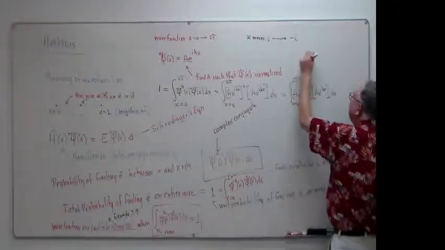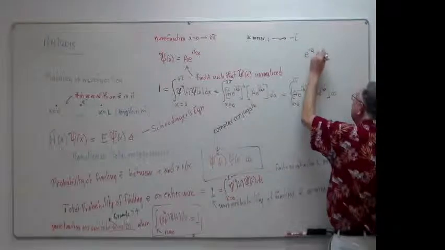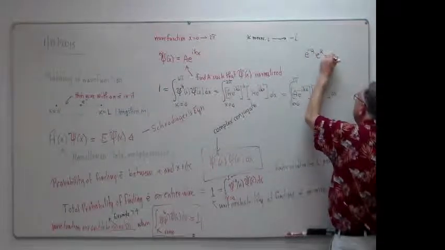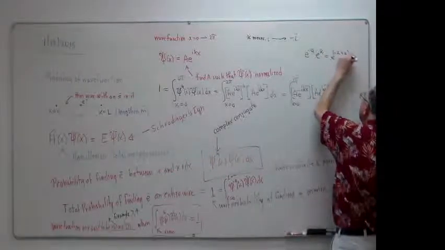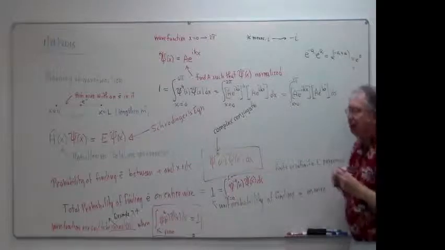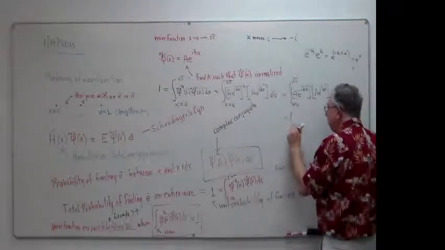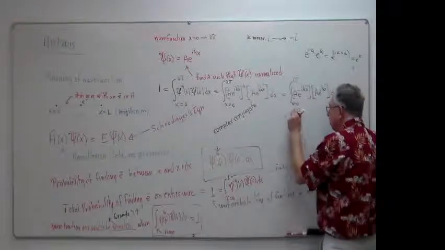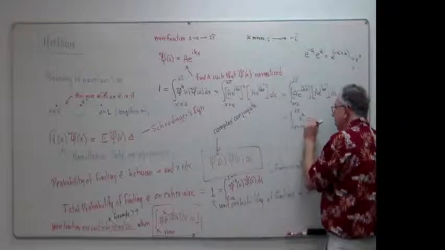So e to the minus a times e to the a equals e to the minus a plus a, equals e to the 0, equals 1. They just get out of there. So this is going to become the integral, x equals 0 to 2 pi, of A squared dx.